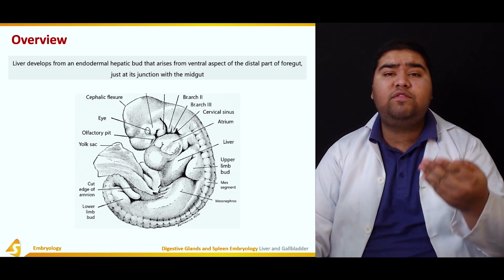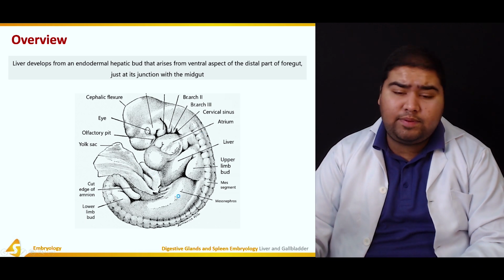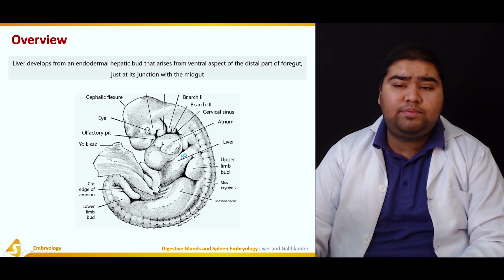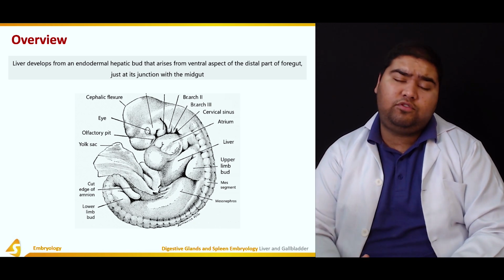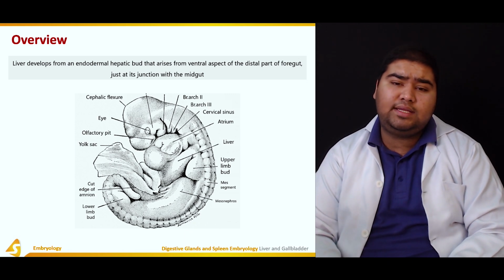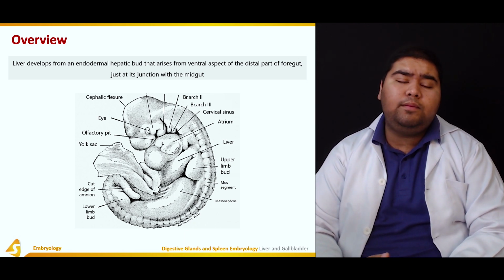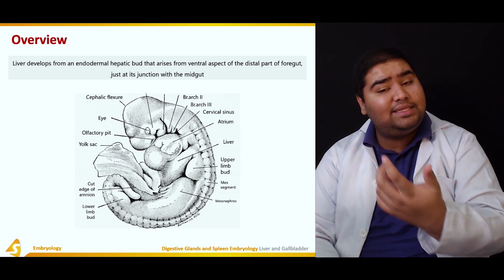This is the dorsal aspect, this is the ventral aspect. It arises from the ventral aspect of the distal part of the foregut. From the distal part of the foregut, a diverticulum arises. This is from where the liver is formed. And which distal section?